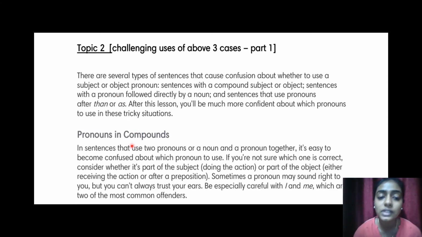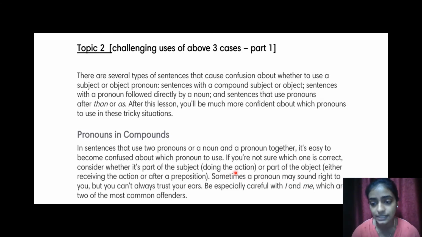Now, pronouns and compounds. In sentences that use two pronouns, or a noun and a pronoun together, it's easy to become confused as to which pronoun to use.